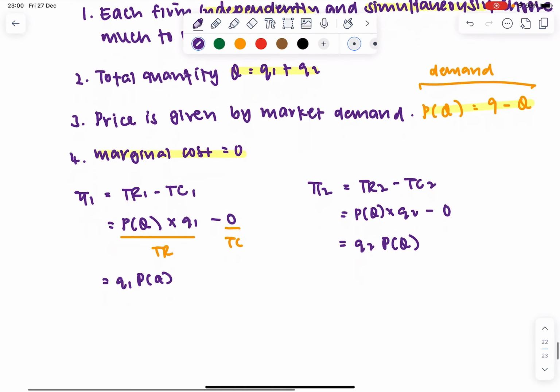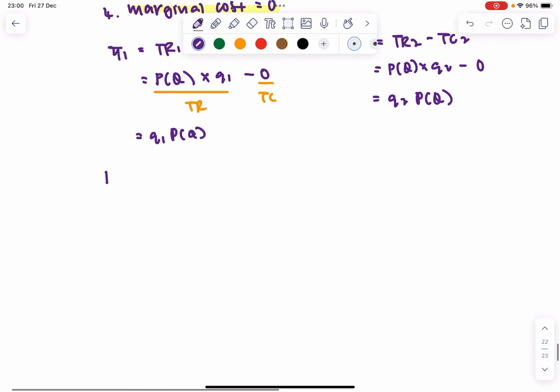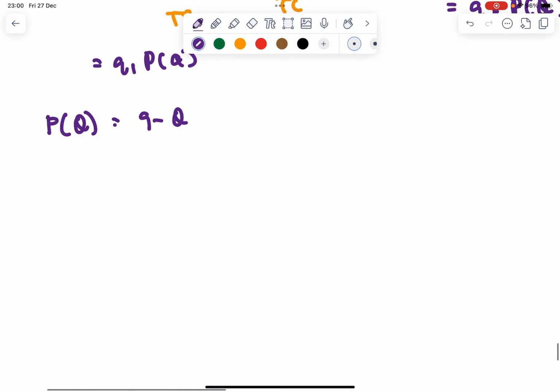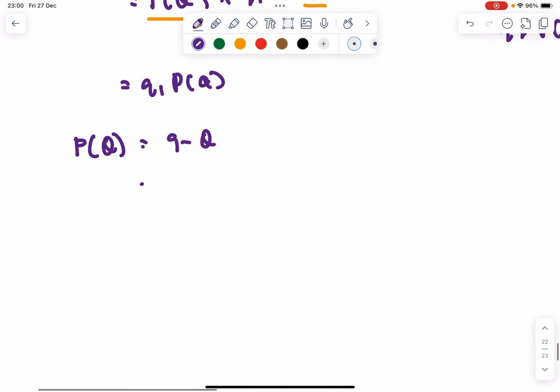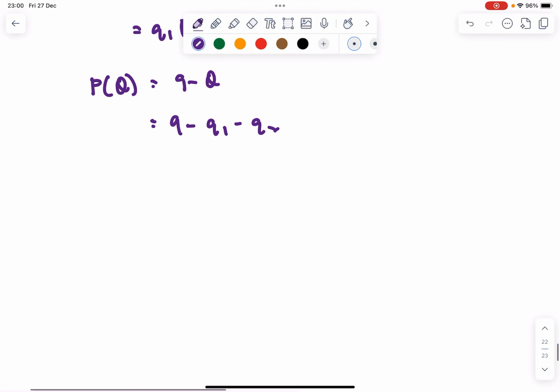Then we have that the demand curve, P(Q), is given by 9 minus big Q. And we know that big Q, as we've defined here, is Q1 plus Q2. So we get 9 minus Q1 minus Q2. Then we substitute it back into both of the payoffs.